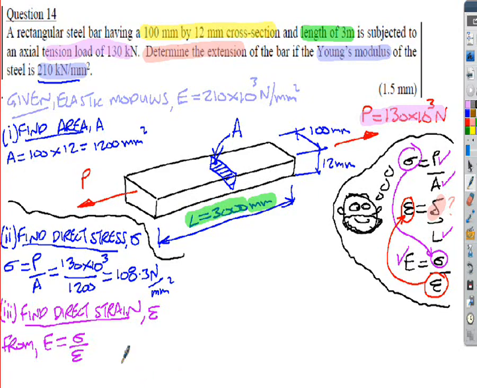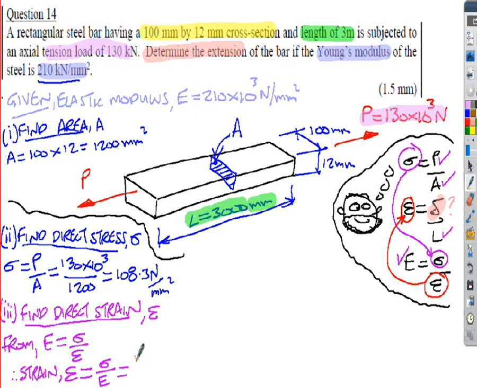Okay, I know the E in this case, and I've just worked out the stress, so I can transpose to find the strain. So the strain is epsilon. A bit of transposition: you multiply both sides by epsilon, divide both sides by the E, so that will be the stress divided by the E in this case.